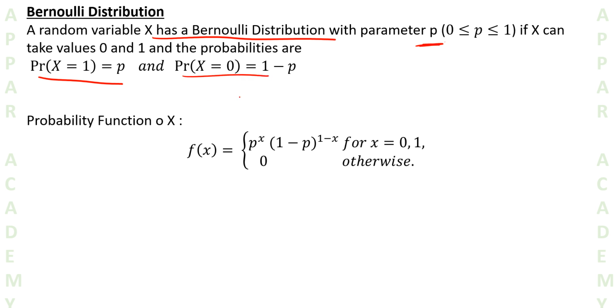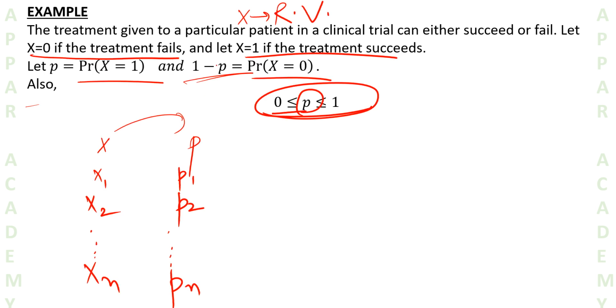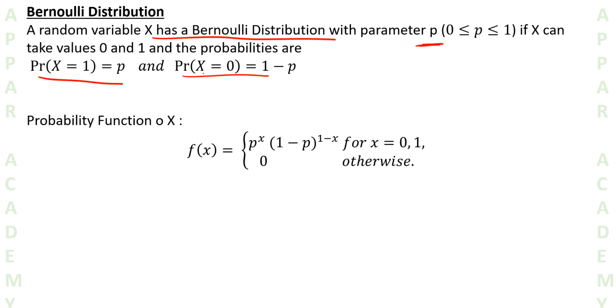So can we say this is very similar to what we have learned over here? Right? So this is x that takes different values in the clinical trial, whether 0 or 1. Similar is the case over here. So basically this is the random variable x, and these conditions, that probability of x is equal to 1 is equal to p and probability of x is equal to 0 is equal to 1 minus p, together make it a Bernoulli distribution.